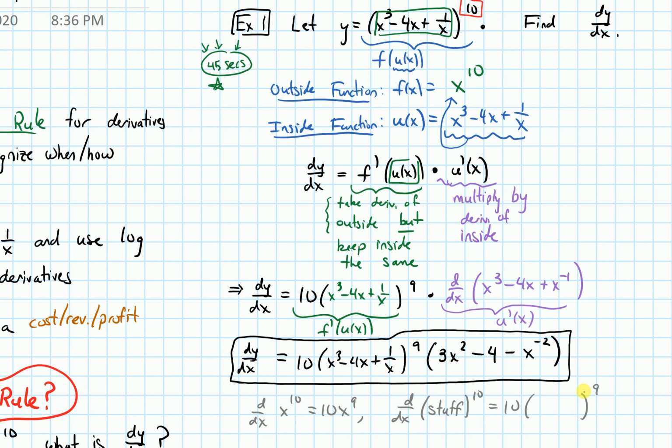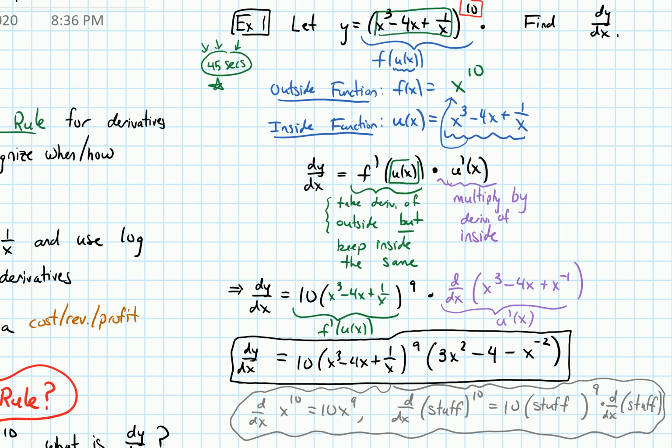The chain rule says when you take that derivative of the outside part, keep the inside the same. So keep the inside as the stuff. And then multiply this by the derivative of the stuff, that's the derivative of the inside. Okay, so that's just what this looks like in the context of our memory trick.